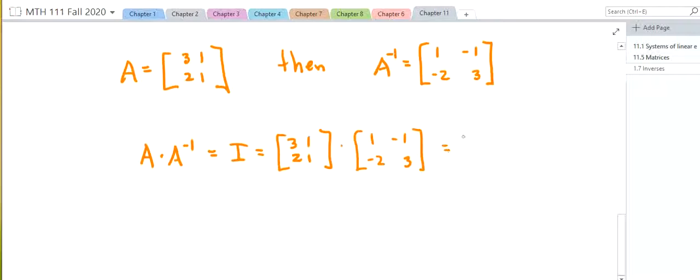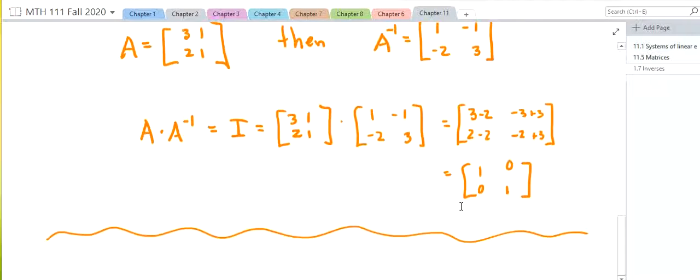So this equals 3 minus 2, and then minus 3 plus 3, and then 2 minus 2, and then minus 2 plus 3. You can see 3 minus 2 is 1, minus 3 plus 3 is 0, 2 minus 2 is 0, 1. So it works.